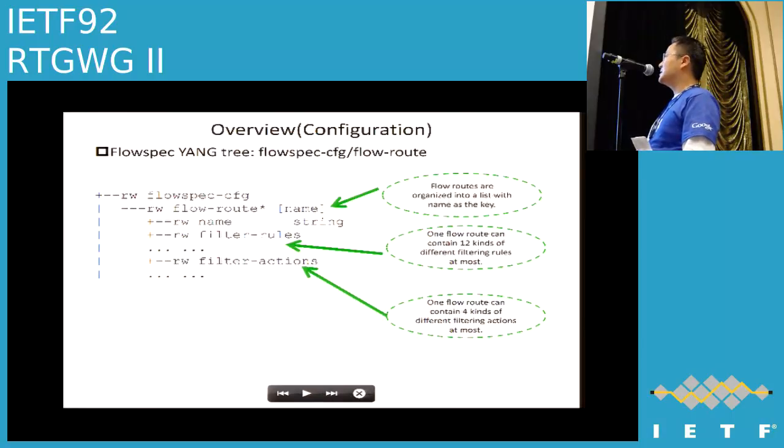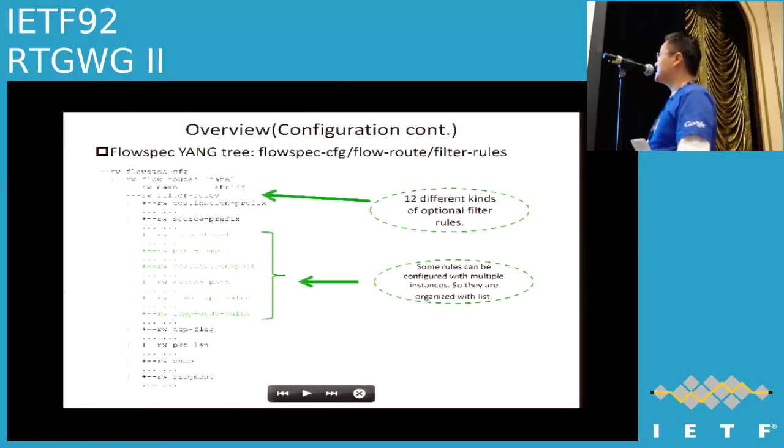Next, please. Okay, this is the more detailed view of the filtering rules. According to RFC 5575, there are 12 filtering rules altogether, and they are listed here. Maybe you cannot see it; you can see it in the draft. Okay, next, please.